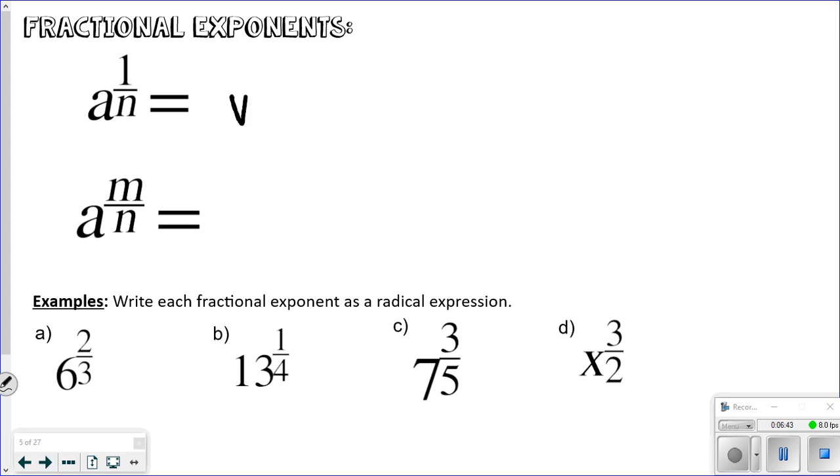So I'm going to write my radical symbol. And the base becomes our radicand, so it goes under the radical. The numerator, the 1, becomes the exponent underneath the radical. And the denominator, this n, is our root index.